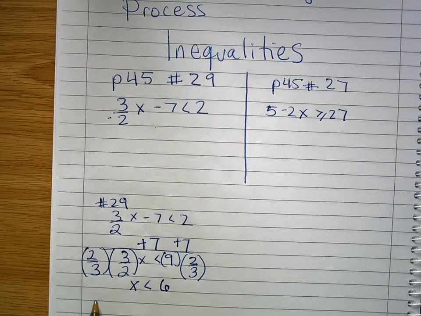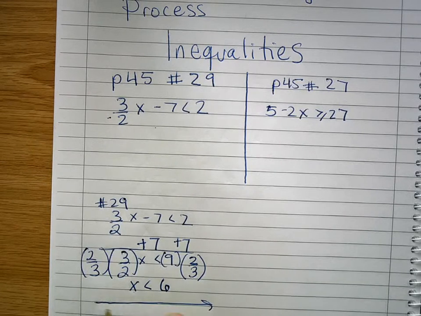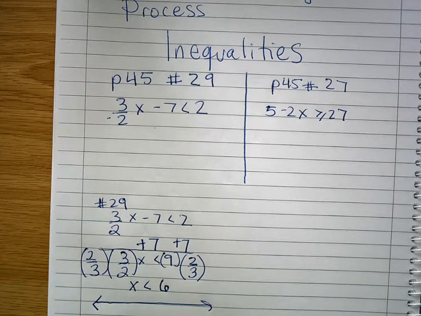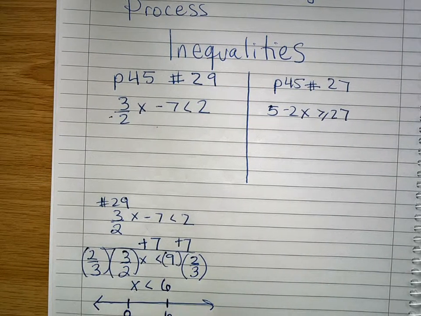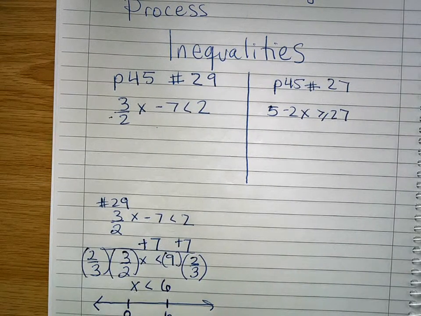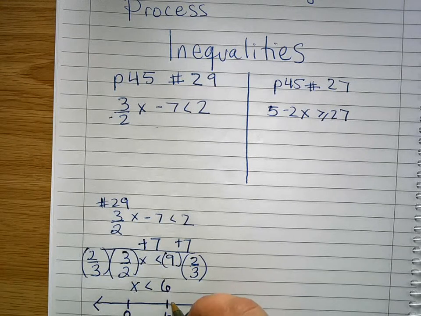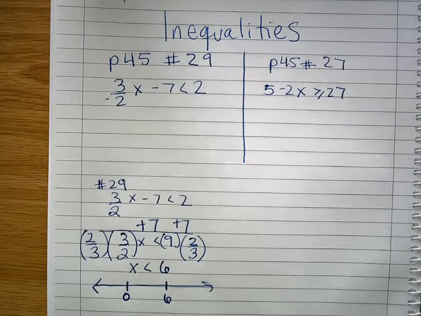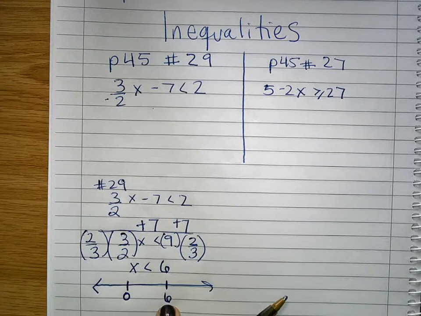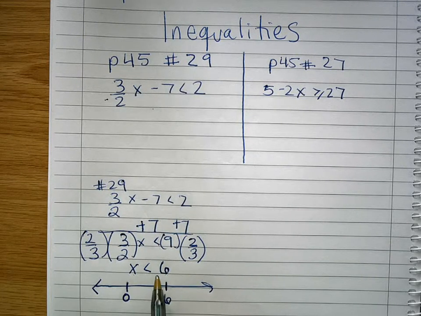Finally, with inequalities, one of the differences is that we need to also show the solution on a number line. Now, you don't have to make a bunch of tick marks. For this problem, that would be enough of what you could draw on your number line with the numbers. Finally, we want to decide how to write our coordinate dot, or our point. Do we want to have this number included in this inequality?